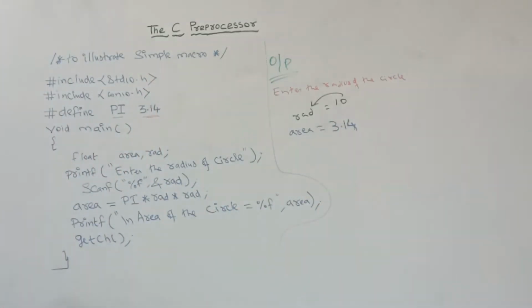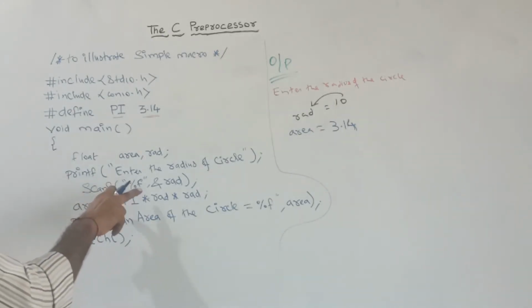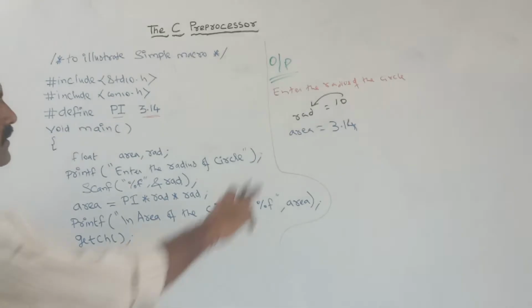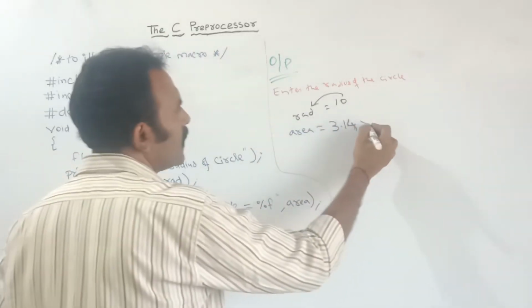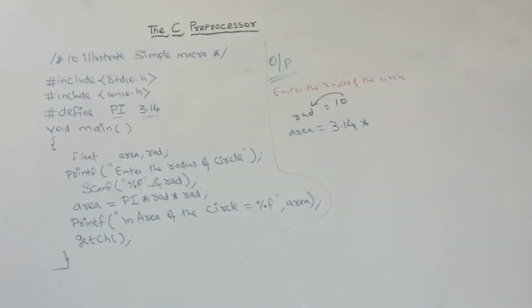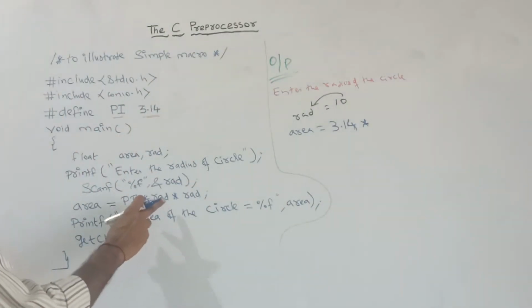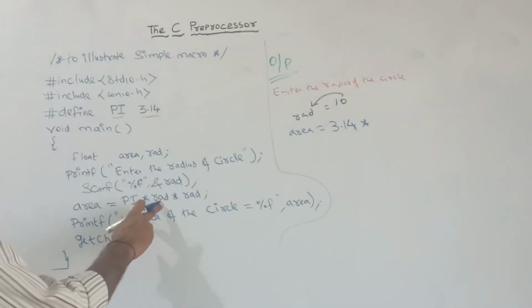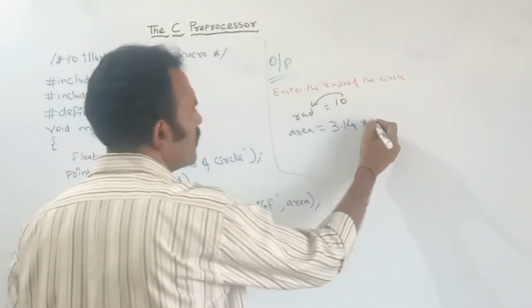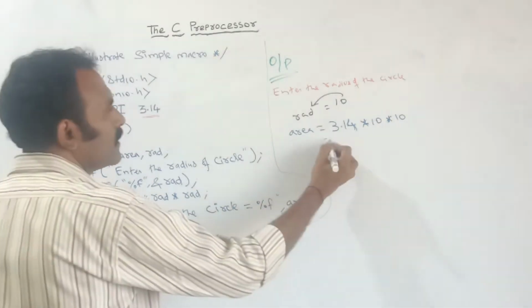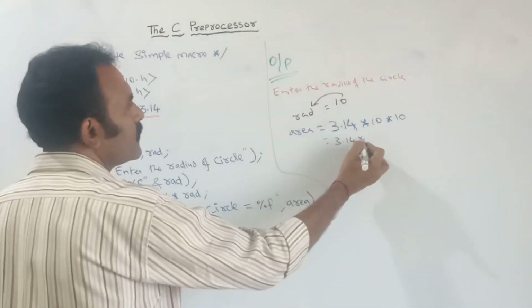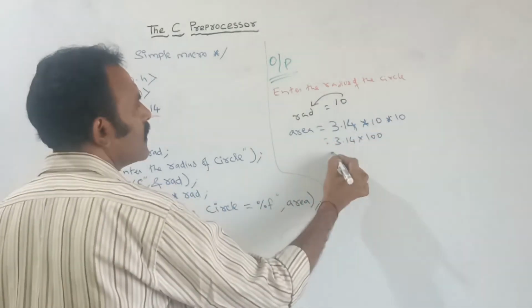During the pre-processing time, at the first phase, it processes this value. Here area is equal to 3.14 into, and now RAD value. This RAD value, that is how much I have stored, 10 into 10, totally 3.14 into 100.